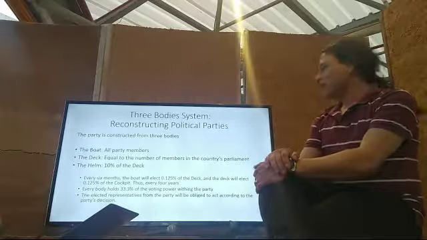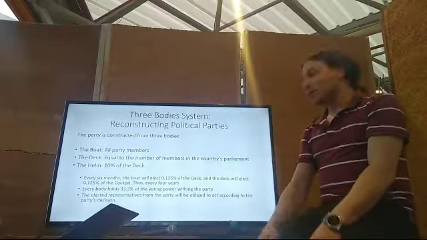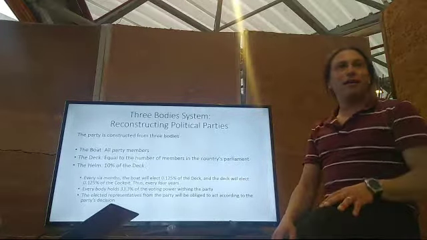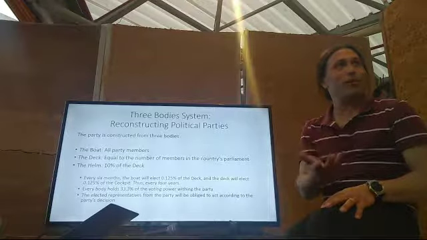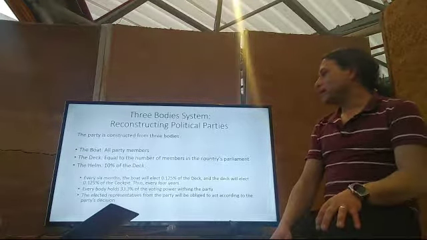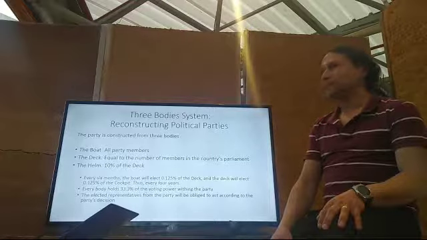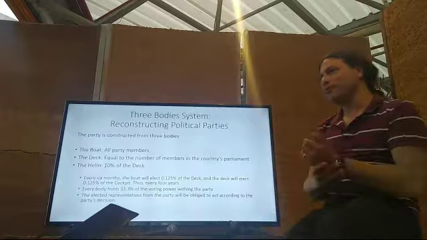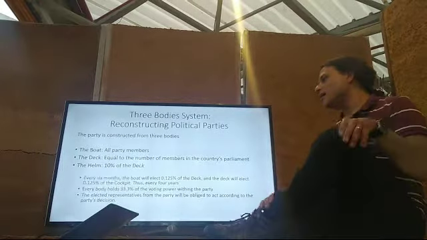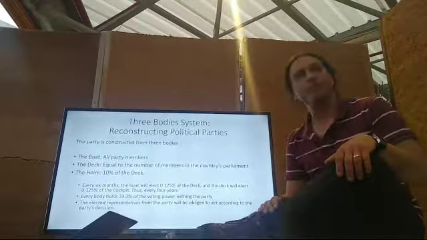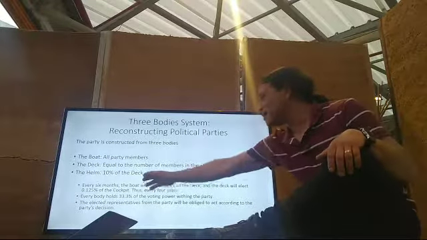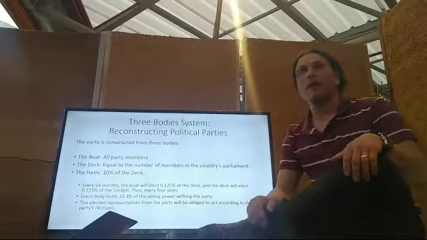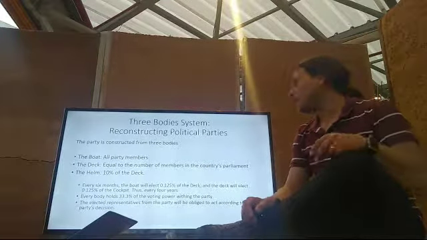In Israel it would be 120 people, in Czech Republic it would be 200. In every country there's a different number of members. Also in Israel, Hadash always put forth a list of 100. It's the maximum you could handle. And then the Gesher Apikud would have 10% of those people, and they would be used as a shadow government.